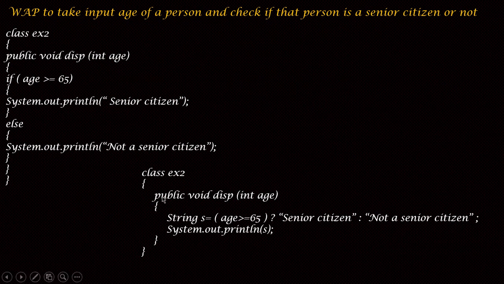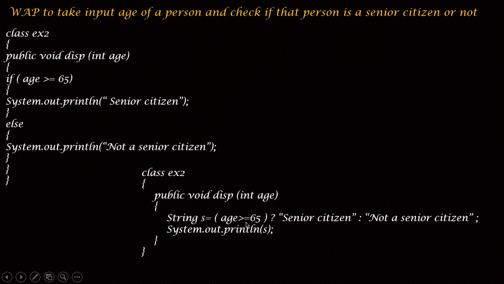So we are using the string variable to store the string as senior citizen. But if my condition is not satisfied, that is, I am not greater than or equal to 65, then I am not a senior citizen.